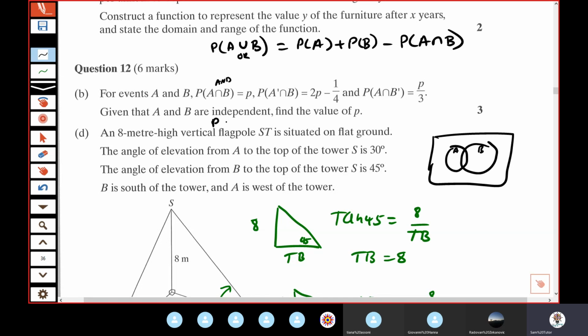So probability of A and B is P. Yeah, if they're independent, that means they're two different circles. So probability of A and B should be equal to 0, but that doesn't make sense, because then you're just going to say P equals 0.